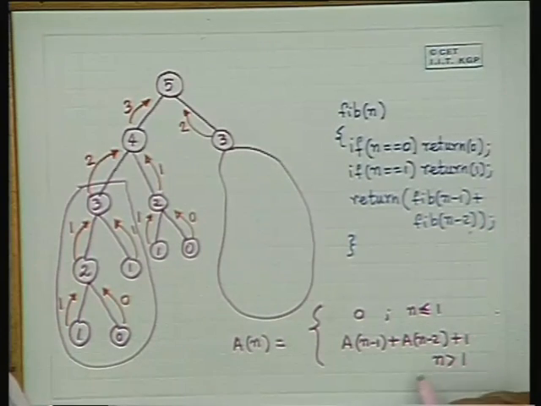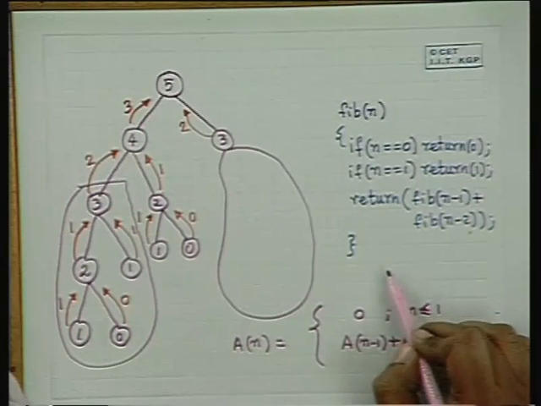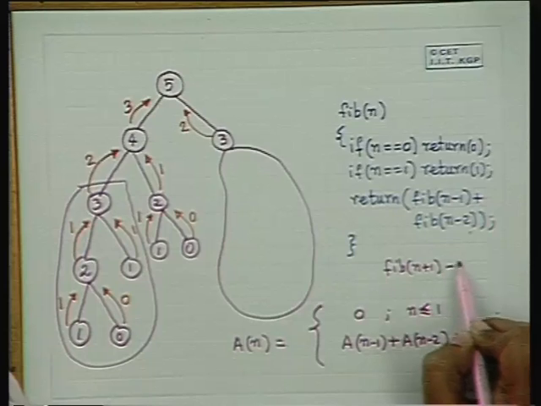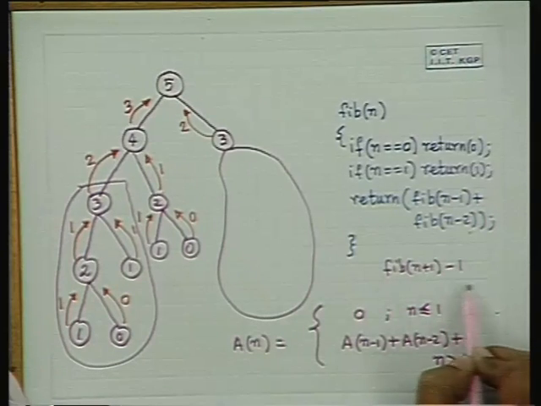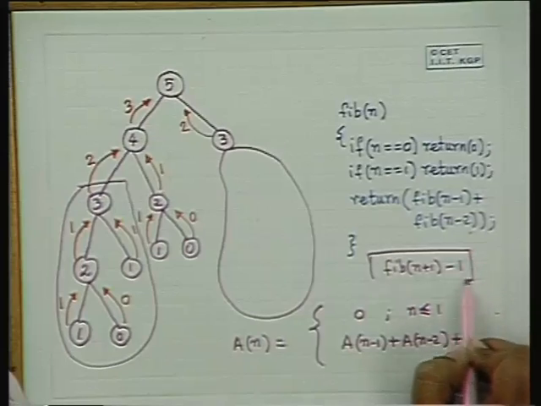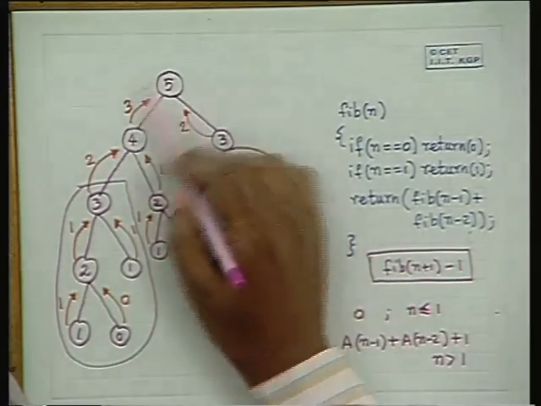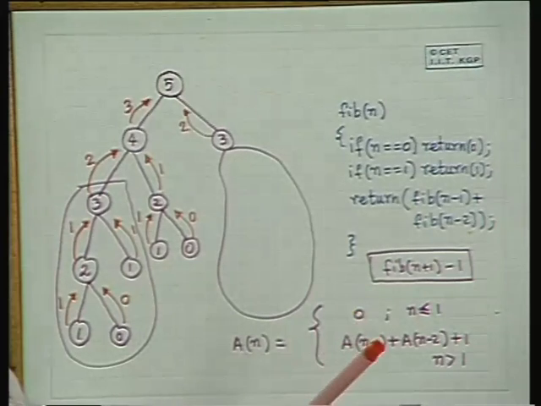We solved it in some class before and saw this is possibly fib(n plus 1) minus 1 or something like that. And fib n we know is an exponential number, so this algorithm is going to take exponential time.